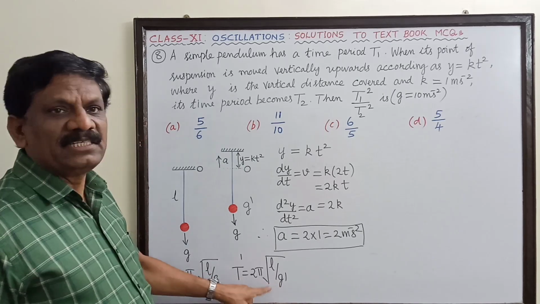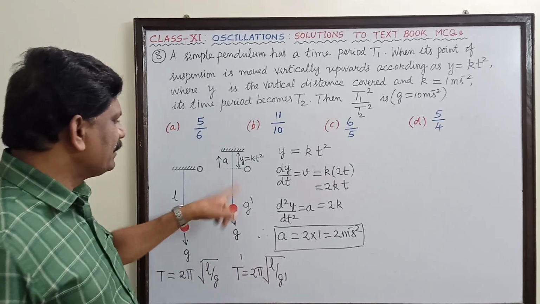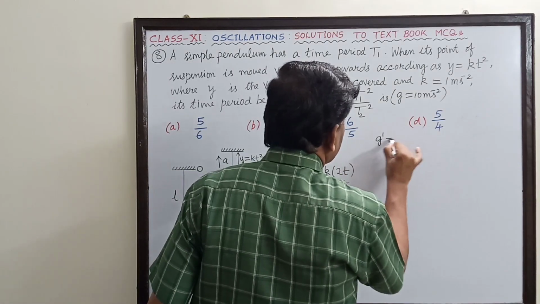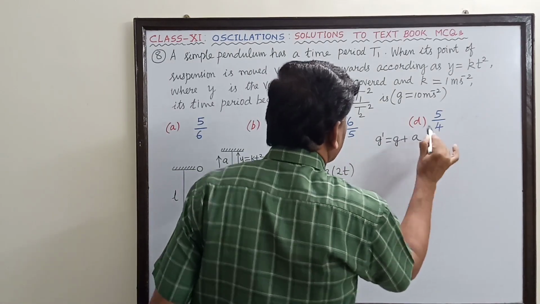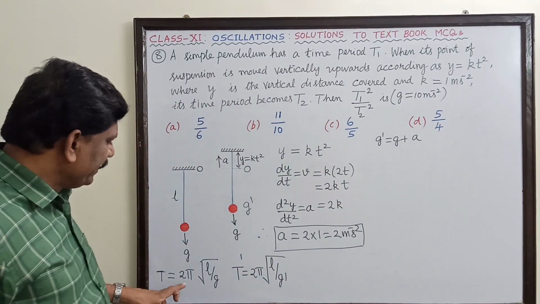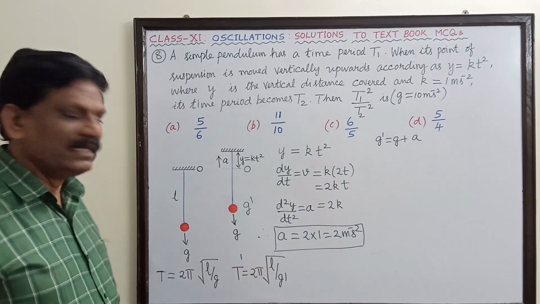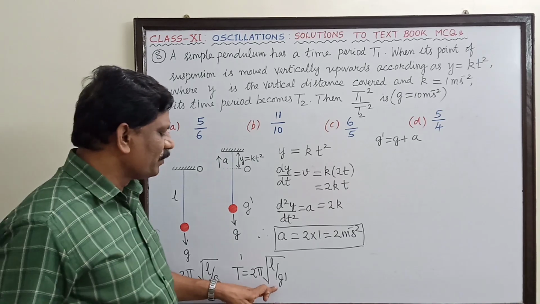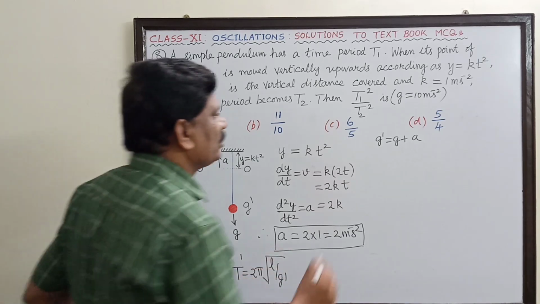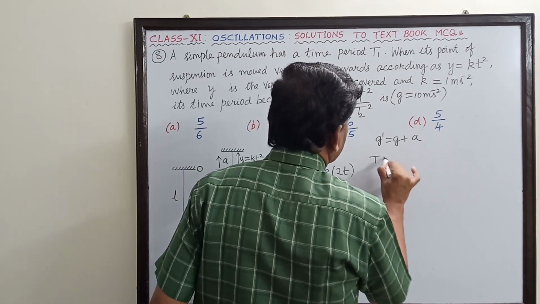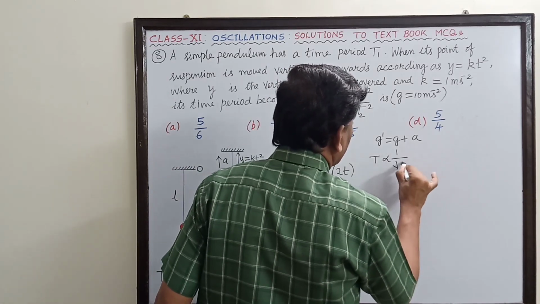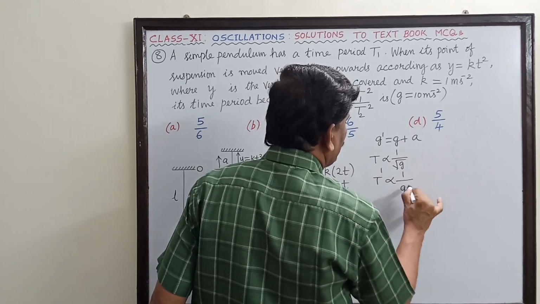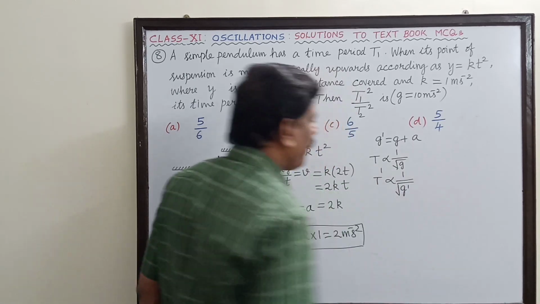So, here g dash is equal to g plus a. Now, you can see here 2 pi and root L are constant. So, I can write T is proportional to 1 by root g and T dash is proportional to 1 by root of g dash.